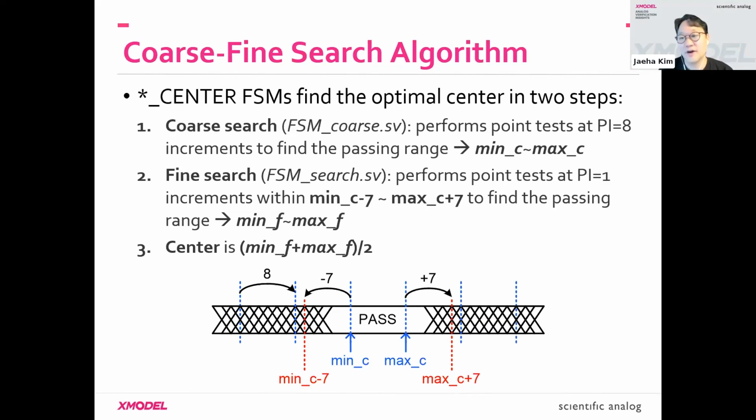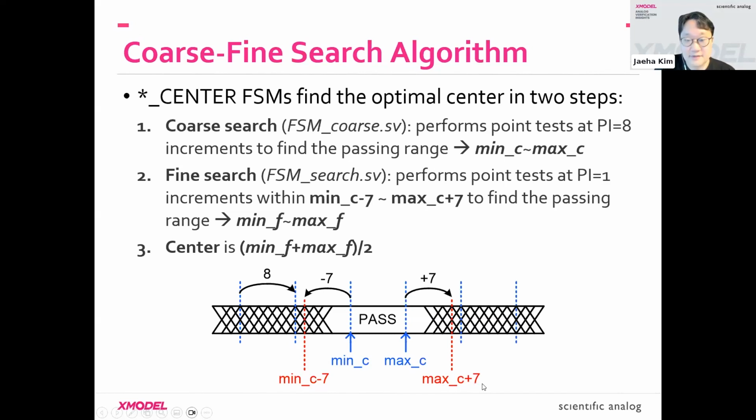So to make this calibration faster, we use a two-step approach, combining a coarse step search and a fine step search. In the coarse step search, it's like the incremental search, just using larger steps. We use a step of 8, assuming that when there's an opening, it is at least 8 steps wide, about a quarter of the UI. We find the minimum value min_c and the maximum value max_c, and then transition into a fine step search, where we narrow down the search range. Conservatively, we set the minimum of the fine search range to min_c minus 7, because maybe the last coarse step just missed the passing point, and the maximum to max_c plus 7.